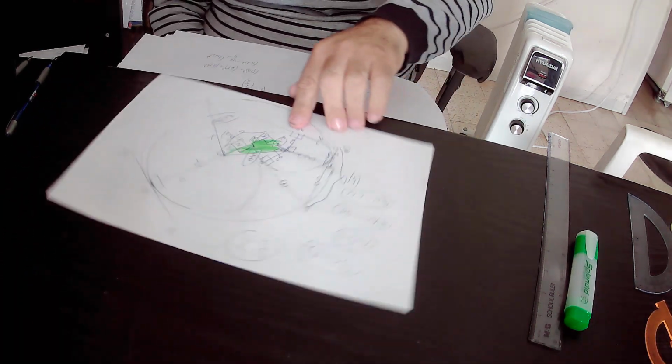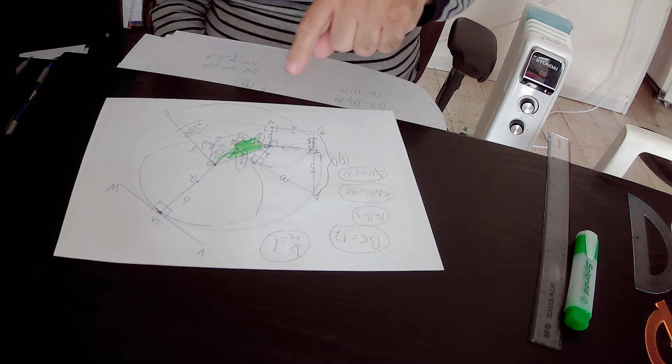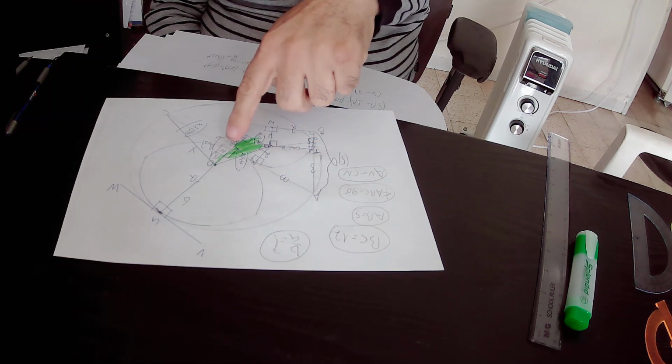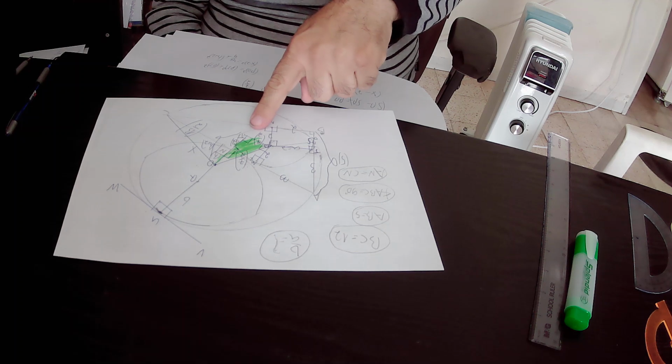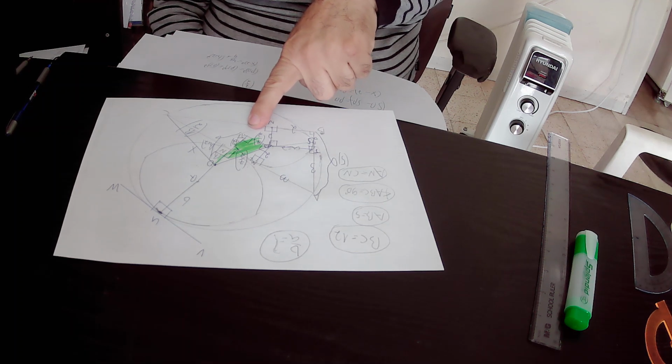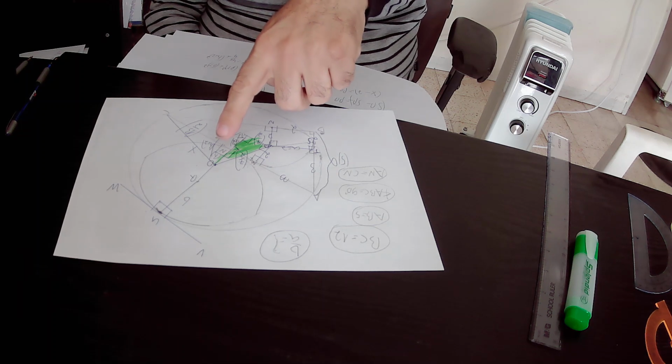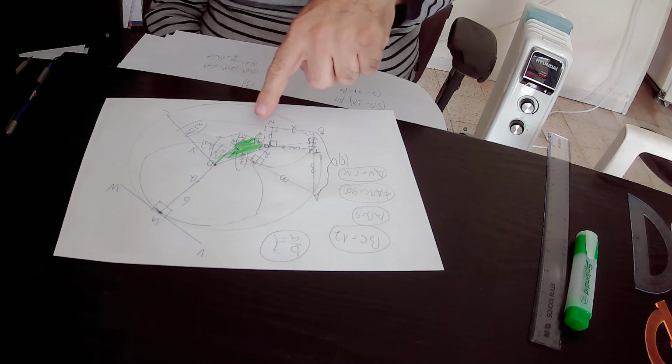Then we extended the perpendicular ON by a straight line to this point T. Extending the straight line ON, therefore OT is a straight line.